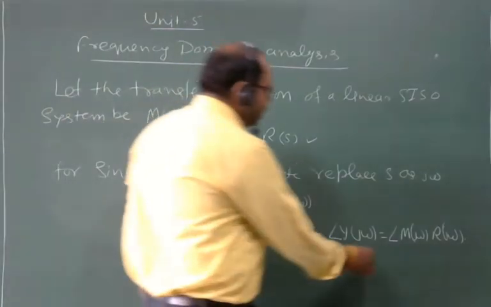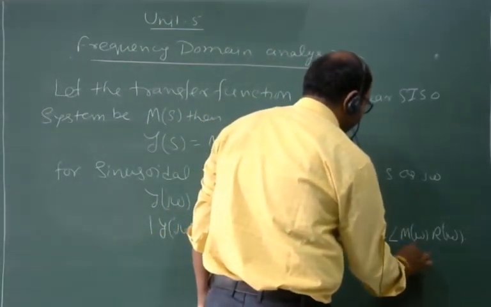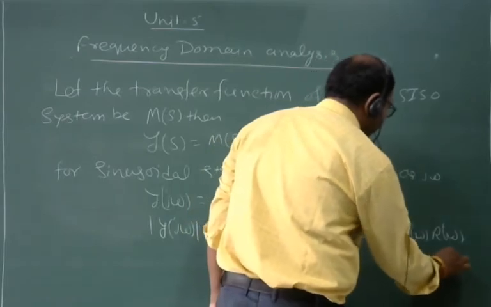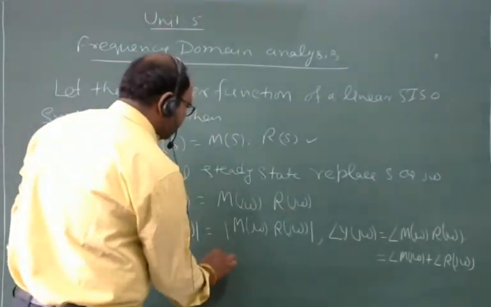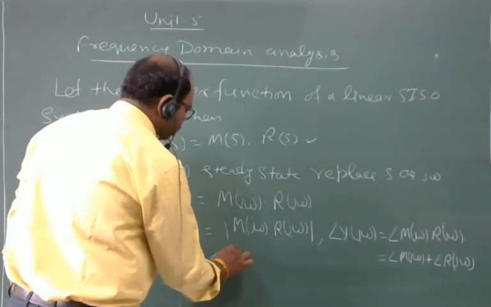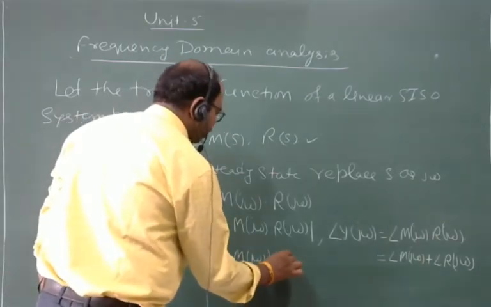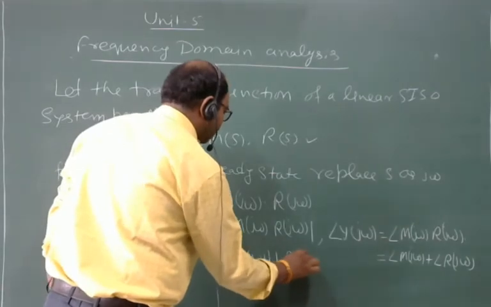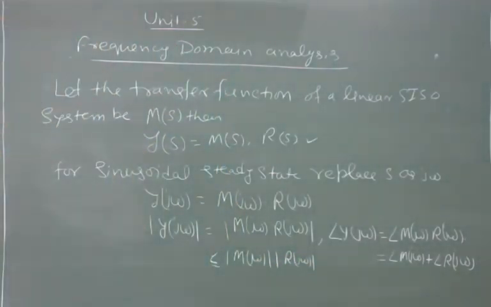And this will be equal to angle M(j omega) plus angle R(j omega), and the magnitude will be M(j omega) times the magnitude of R(j omega), right?